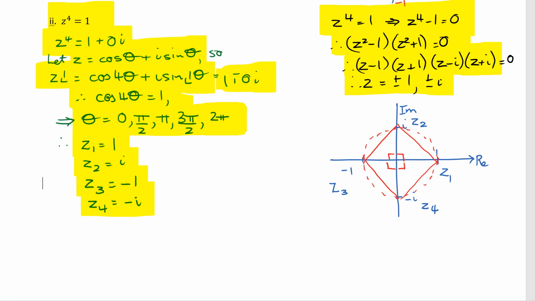It's probably quicker algebraically than in mod arg form here. What does our diagram look like? Well, out here we've got our 2 real roots, and here we've got our pair of complex conjugate roots, so they form the vertices of a square. And the angle between all those roots is 90 degrees, as shown in here.